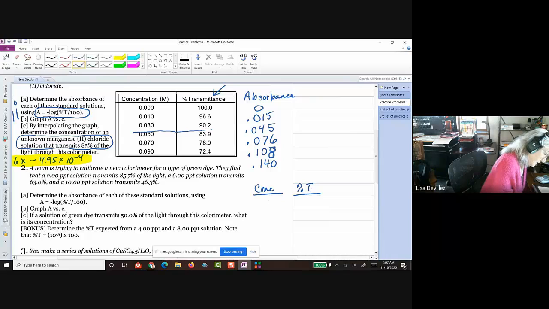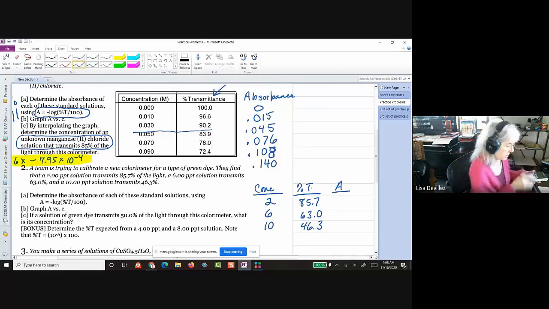So it says a 2 parts per trillion is 85, a 6 is 63, and a 10 is 46.3. So we're going to find our absorbance.